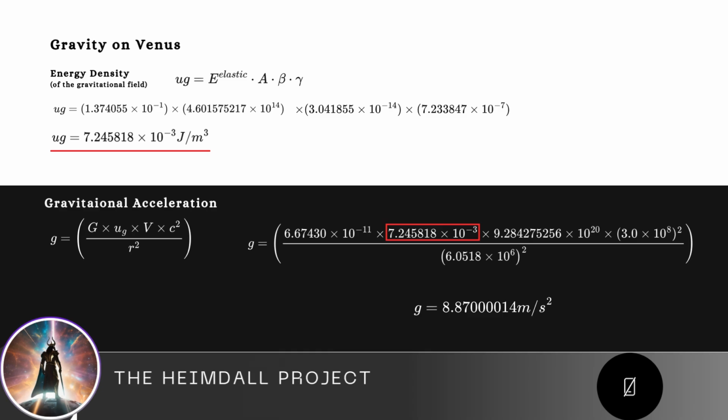Okay. So when we have the energy density term in there, this is what it's saying to me. My equation says that the elastic response of space-time presses in on the geometry of the celestial body, creating gravity.